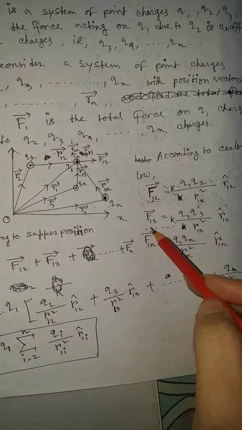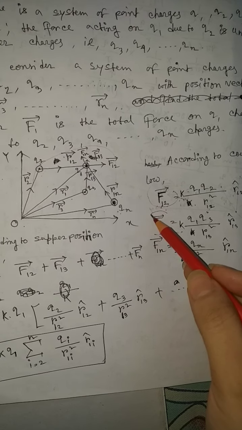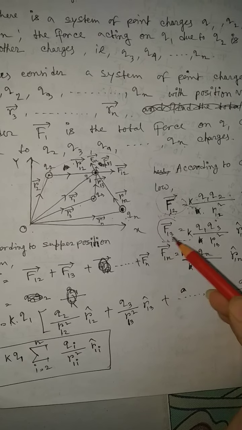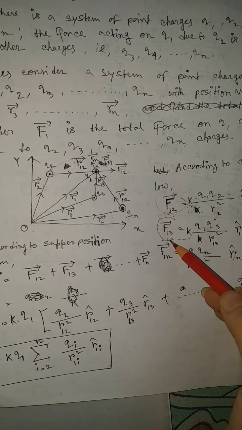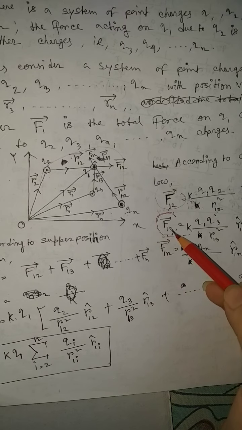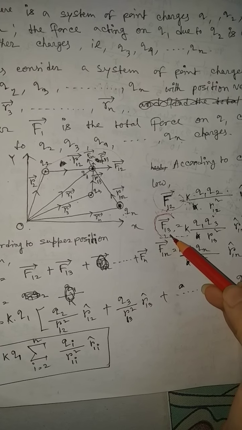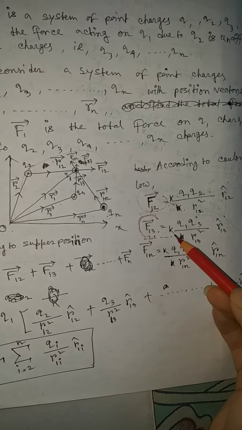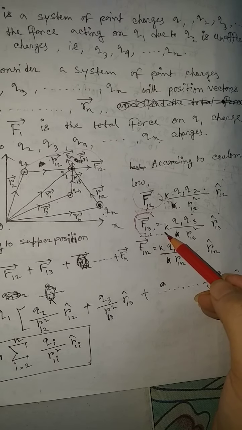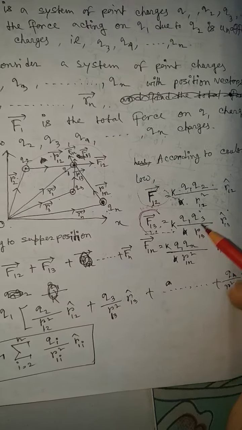Similarly, if we find F13, F13 indicates the force exerted on Q1 charge due to Q3 charge. What is the formula? According to Coulomb's law, K again, because all charges are placed in the same medium.